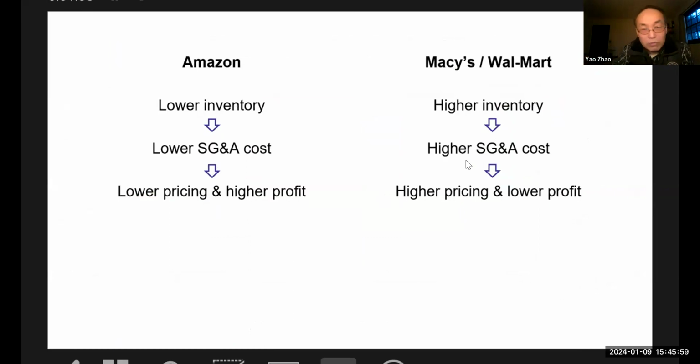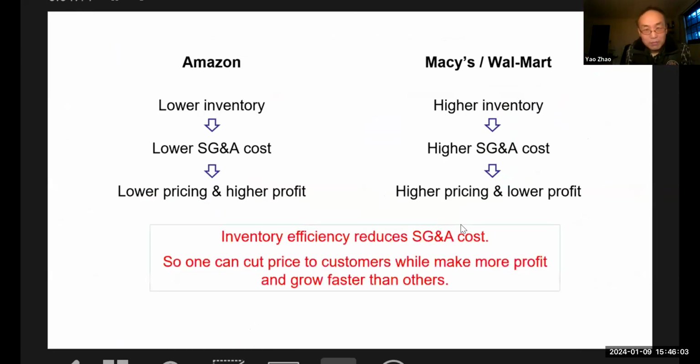And so they were forced to offer higher pricing, but even with higher pricing, they get lower profit. So the conclusion is inventory efficiency, at least for retailing. I cannot say for other industries or other countries. But for US retailing, inventory does drive SG&A cost. And so a retailer can cut prices to customers while still making more profit and grow faster because of its lower price than others.